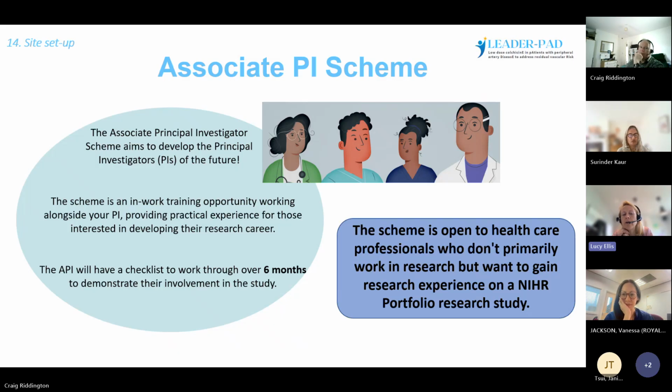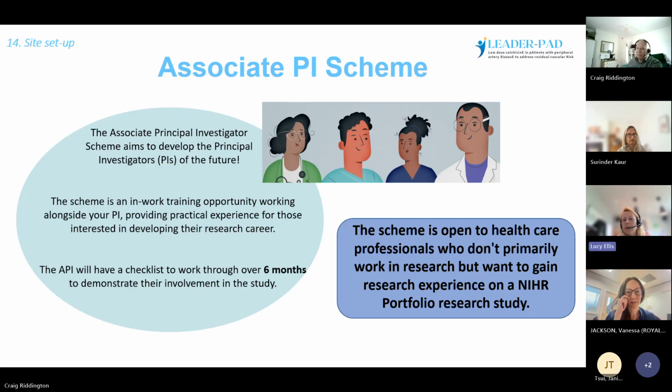I don't know if you've heard of the scheme before, but basically it's an in-house training opportunity for someone who wants to develop their career in research to work alongside the PI to gain that experience. In order to join the scheme, they'd need to sign up onto the delegation log for the trial, complete all the training, and then submit an application to be part of that scheme, which the PI at site obviously has to agree to.